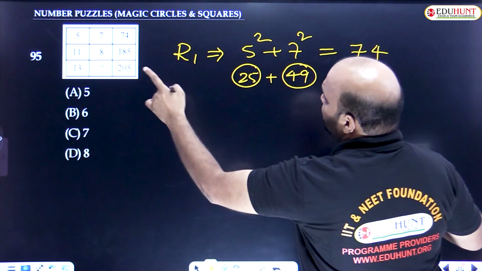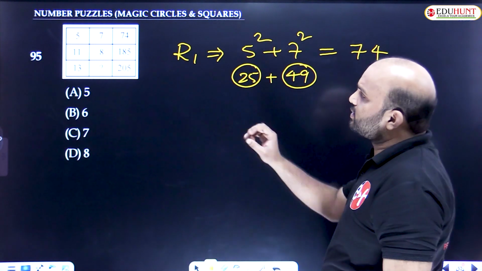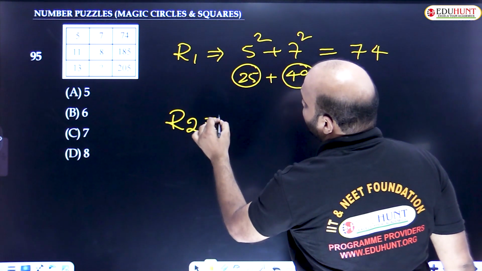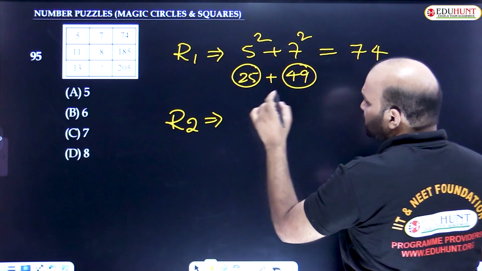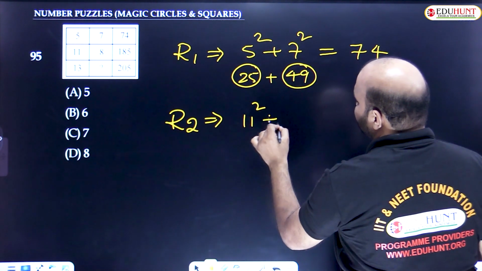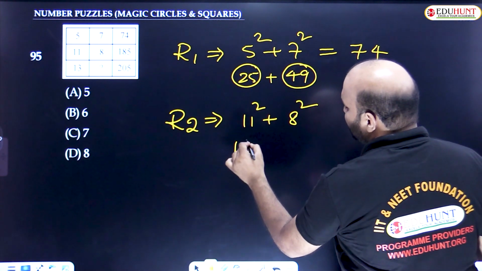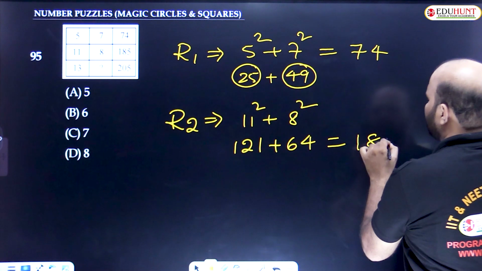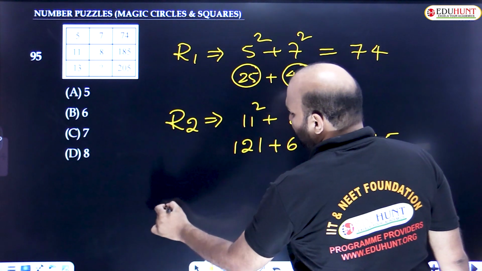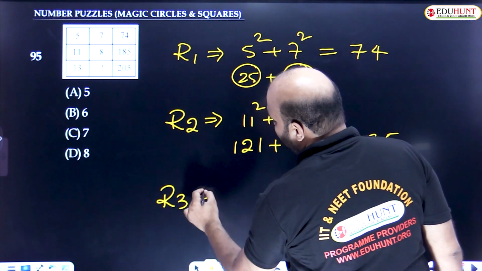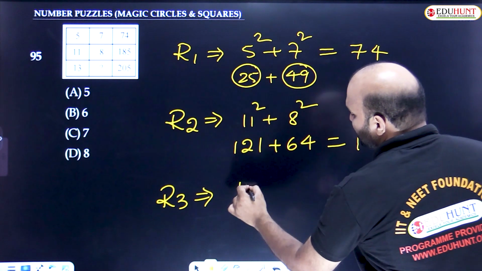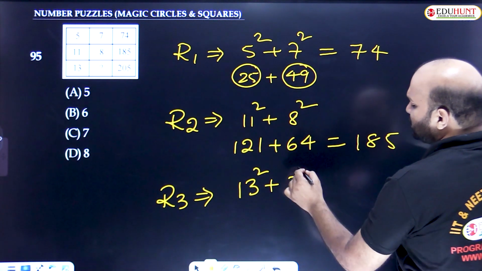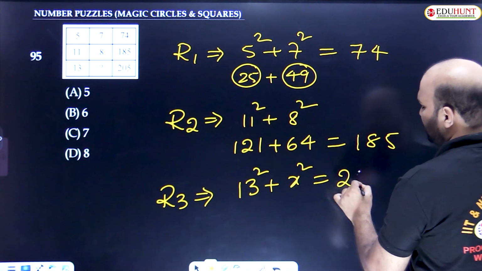How will you get the third number? Sum of the squares of the first two numbers in row 1. The same logic applies towards row 2: 11 square plus 8 square. 11 square value is 121 plus 8 square value 64, total 185. That is the row 2 clue. The same logic applies towards row 3. In row 3, 13 square plus the question mark, considered as x square, equals 205.